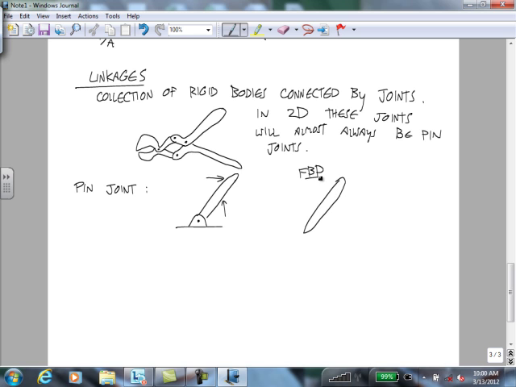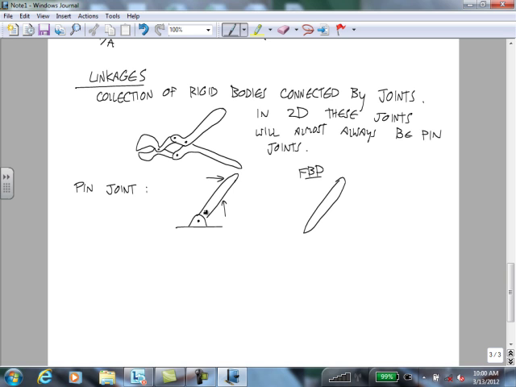But say that there are other forces. So what's this pin joint doing to hold this thing on here? Yeah, it's holding it in place. We treat it like we don't know the direction because that pin joint can provide any force.